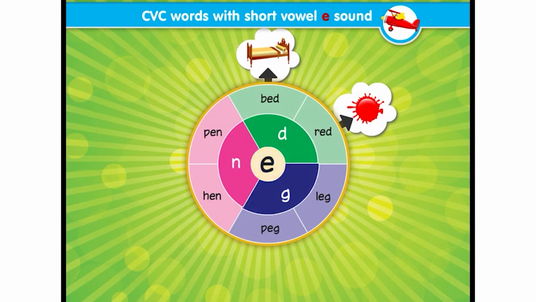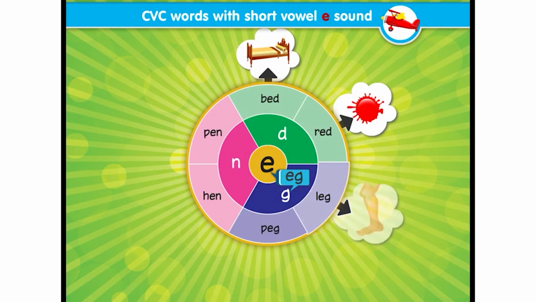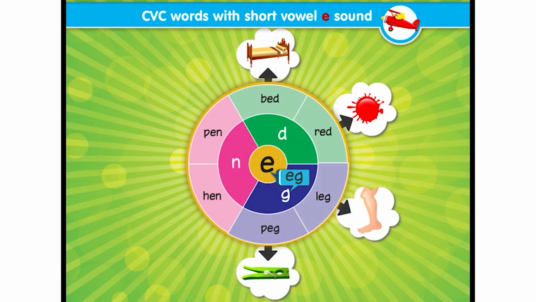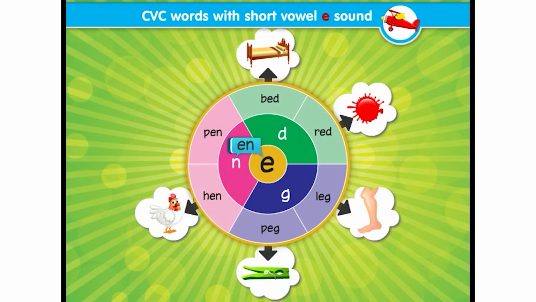E and G makes eg, as in leg and peg. Leg and peg are rhyming words. E and N makes en, as in hen and pen. Hen and pen are rhyming words.